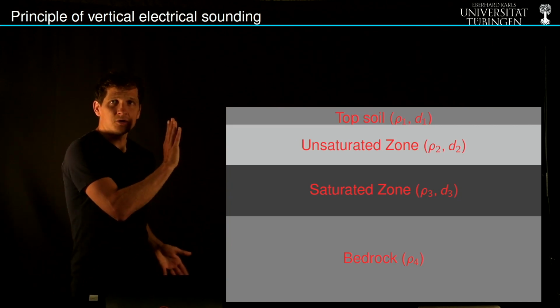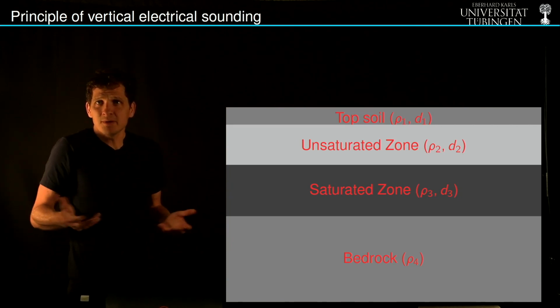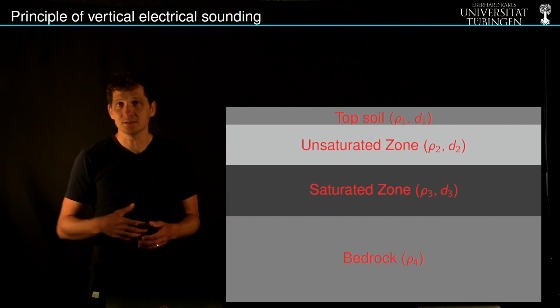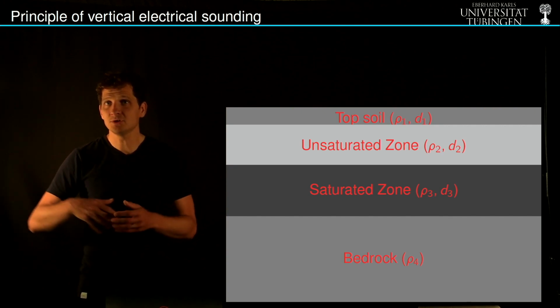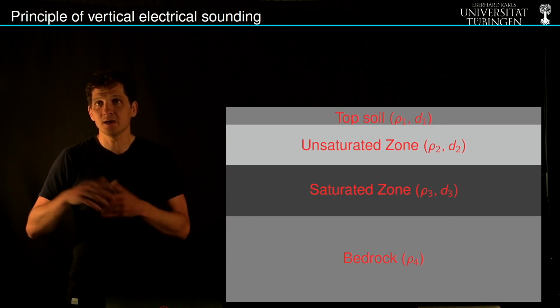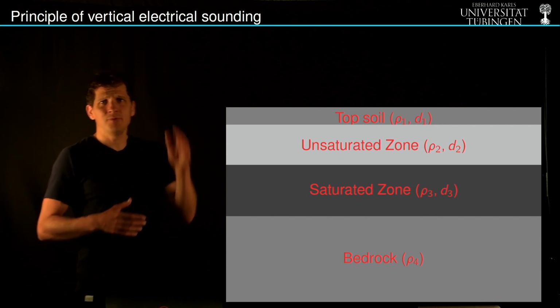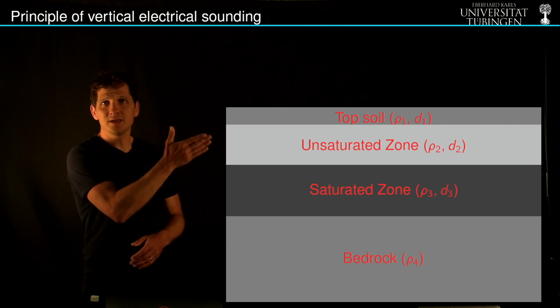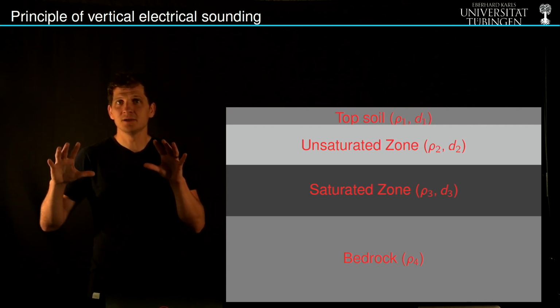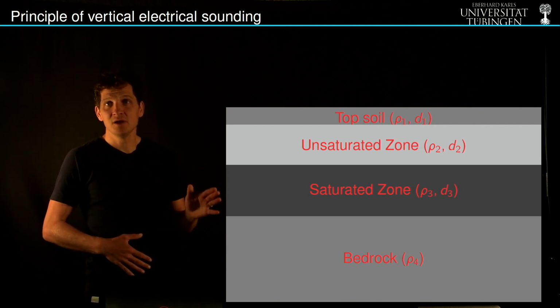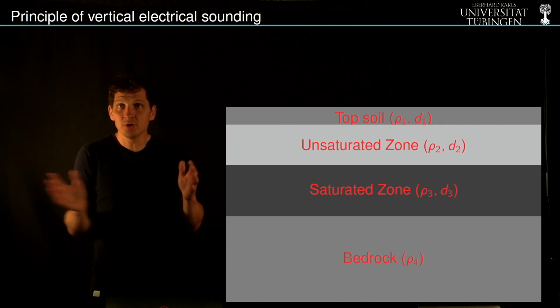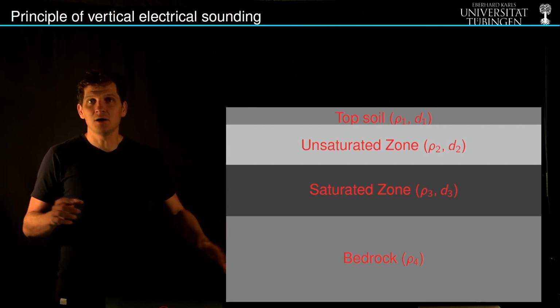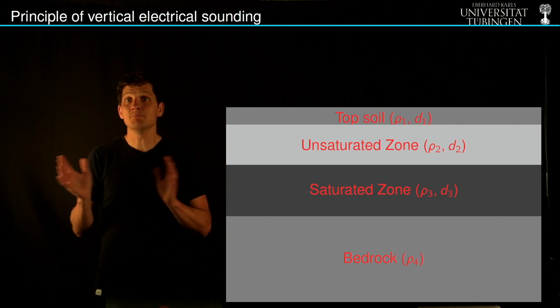So let's just consider an example which might be relevant for your applied exercises. You go to a valley which has some fluvial and other sediments in there, and the way you can imagine this is that you maybe have a topsoil, and below that topsoil there's an unsaturated zone, and then we have an aquifer which is fully saturated, and all of this is underlain by some bedrock material.